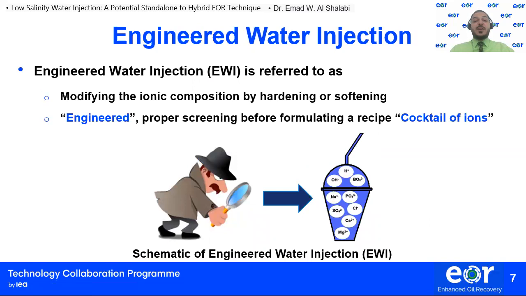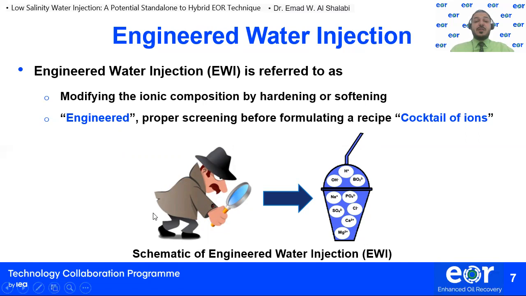Now, on the other hand, if I talk about engineered water injection, then here basically we refer to modifying the ionic composition of this injected water, and that's through hardening or softening of some key potential ions in the water.